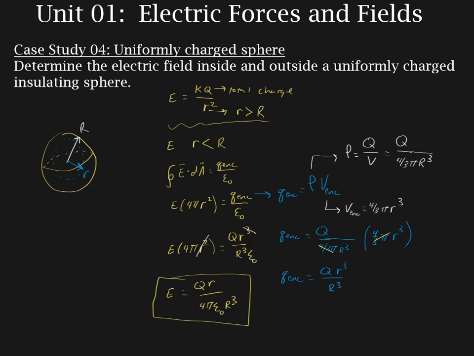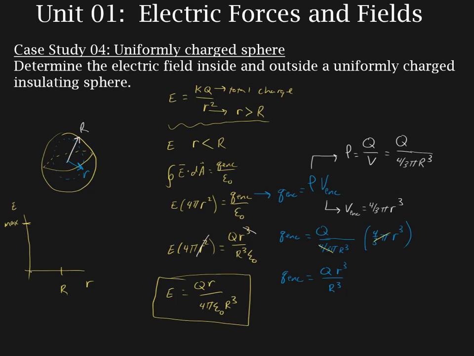Now, we can see two things if we graph this. We want to know what the electric field is with respect to the radius. Electric field versus radius. Up here, we're going to have the maximum electric field, and right here, we're going to have the radius of the sphere itself.